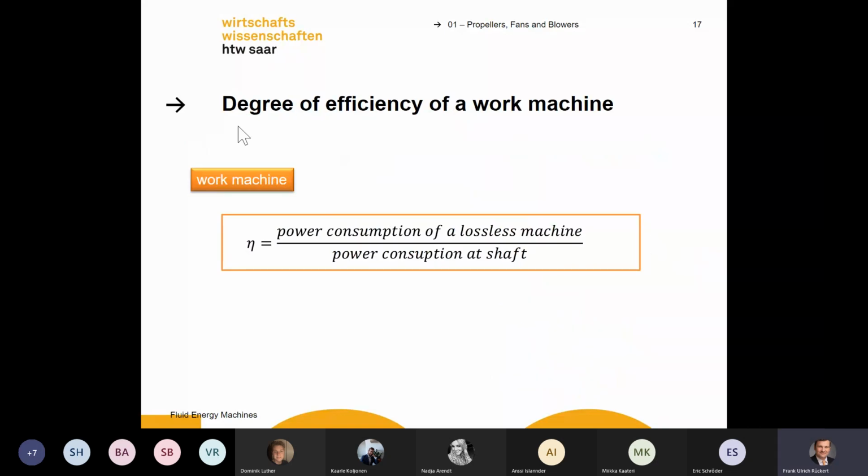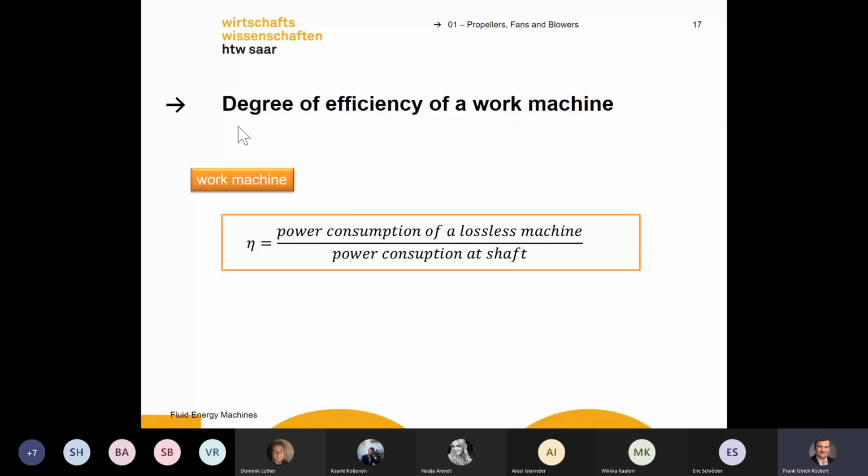So let's have a look at the degree of efficiency. That's always something I will ask you. The efficiency is always something that will be asked in the exams. From time to time during this lecture, I will tell you when something is really important and mandatory for the exams.